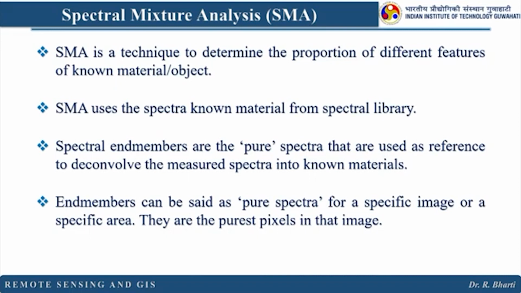So, if we can identify the pure pixel in that image itself, where we expect that only one type of material, or a certain proportion of known materials, is present within that pixel, then we can classify this whole image with respect to that identified end member or pure spectra.